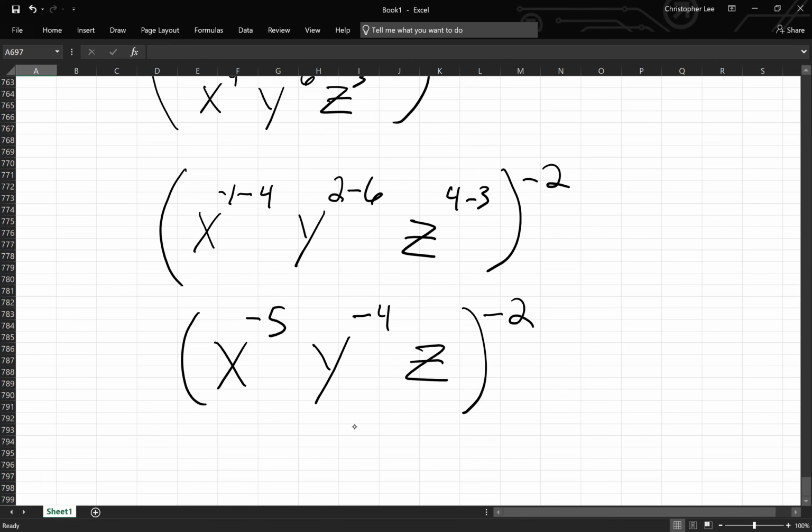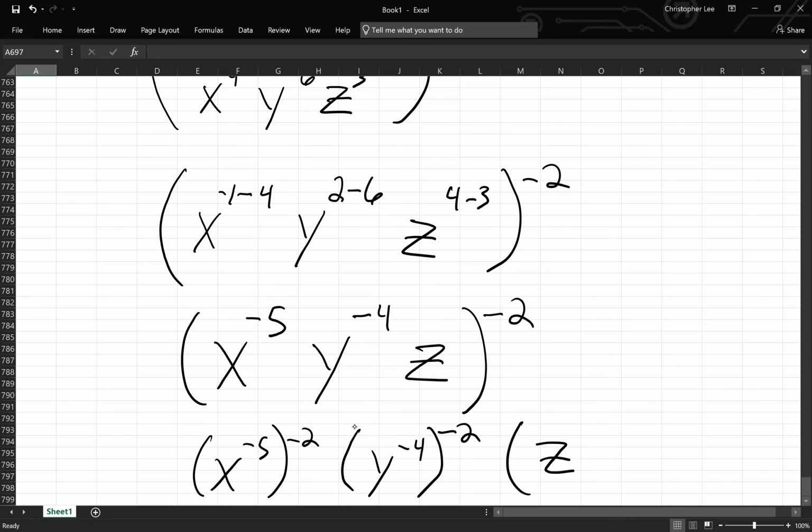And whenever you raise a power to a power, what operation do you do? Multiply, right? So this becomes x to the -5 to the -2 power times y to the -4 raised to the -2 power, and then z raised to the -2 power.